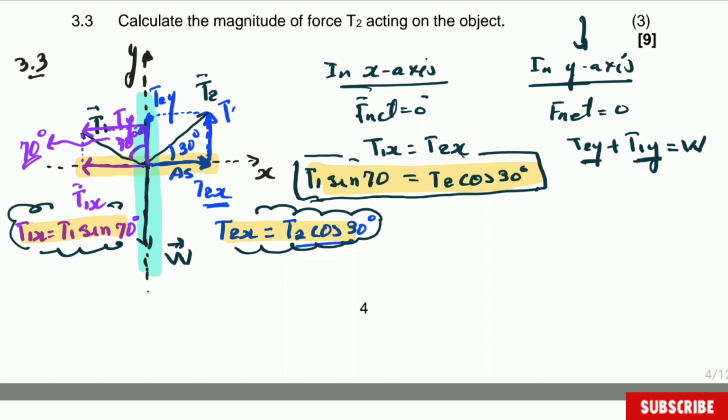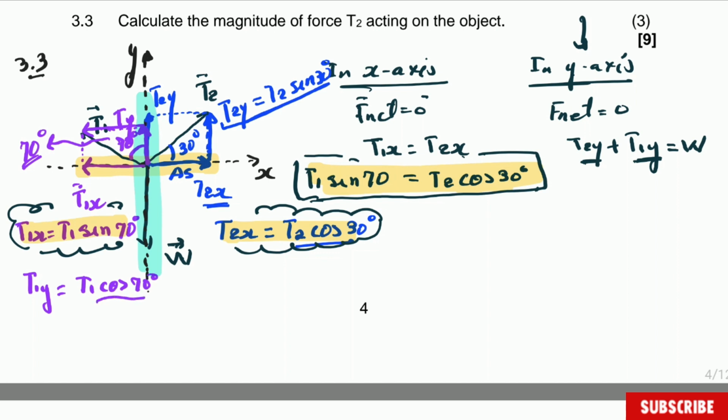So T2 in y is equal to T2 sine 30 degrees. And T1 in y here is the adjacent side to the 70. So T1 in y is equal to T1 cos 70 degrees.